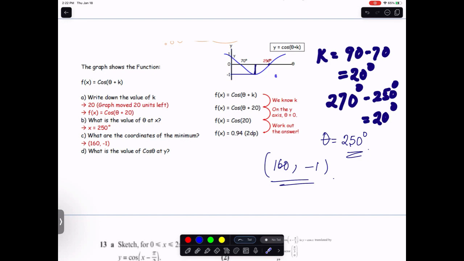So we are saying that is cos 0 plus our k value, which we got from the first as 20 degrees. So theta is cos 0 plus 20 degrees. So that gives cos 20. On your calculator, cos 20, I think it will give us 0.94. So the value of cos theta at y is equal to what?